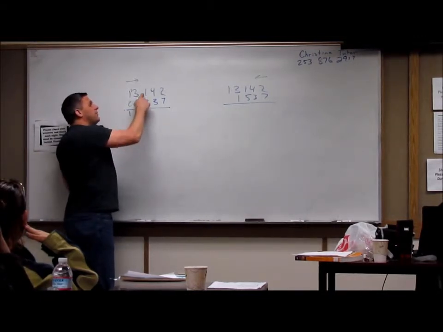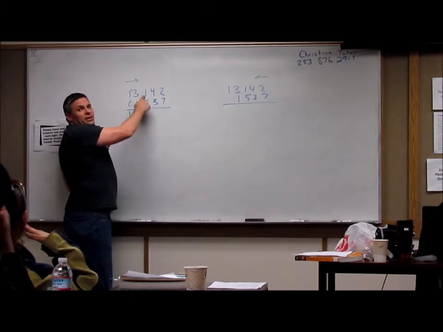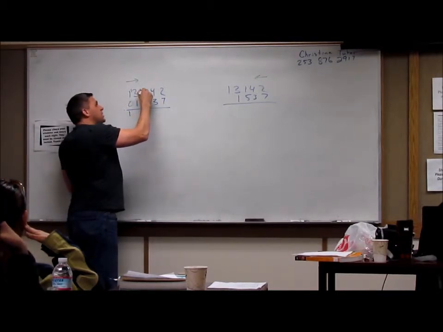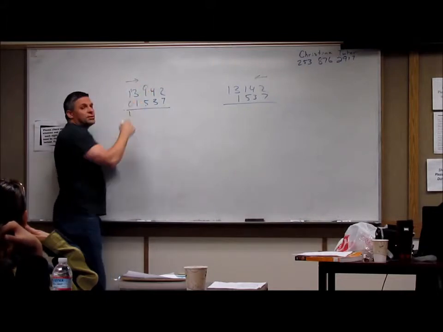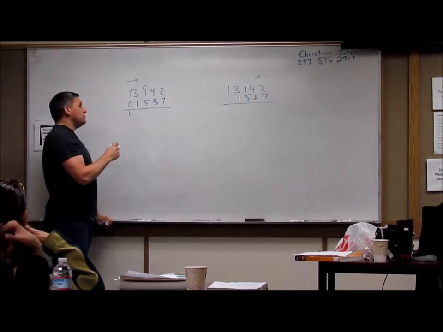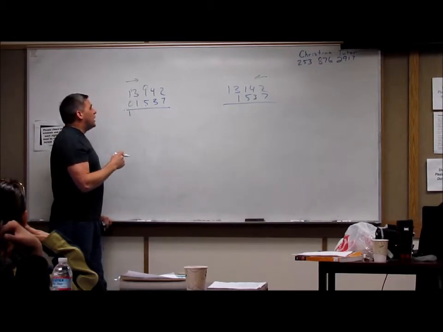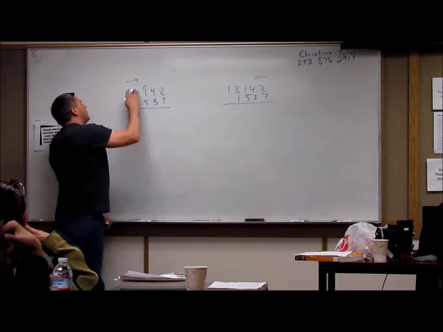So we want to see if it's going to be pulling from here or not. But then I have to change this number to a 0 because I borrowed 1 from it in order to make this a 13. Oh wait, other way around.